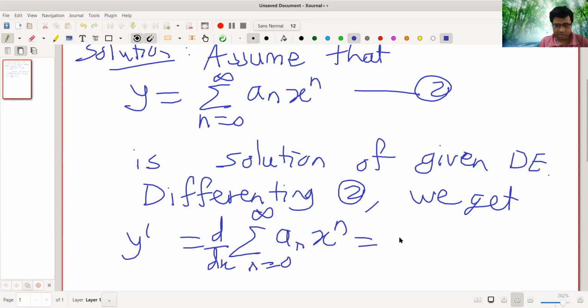That is d by dx of a0 plus a1x plus a2x squared plus and so on.